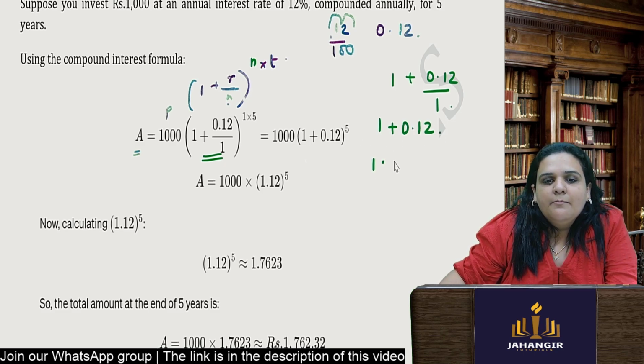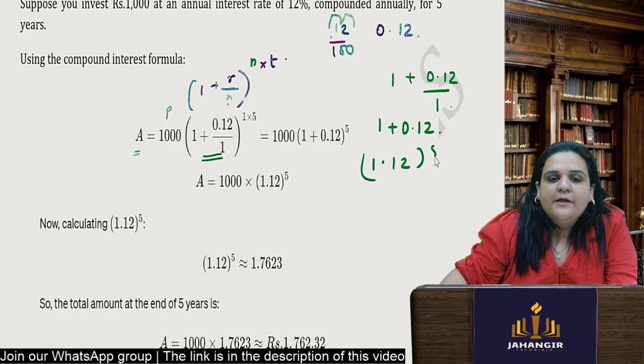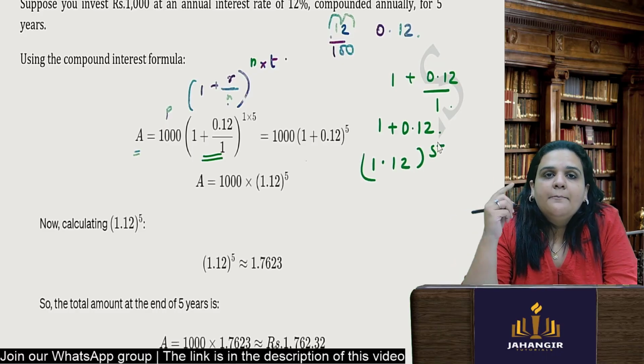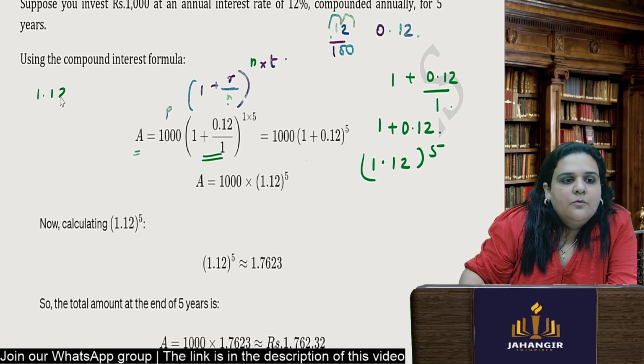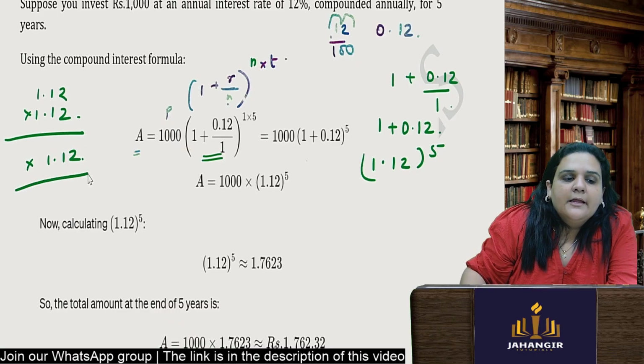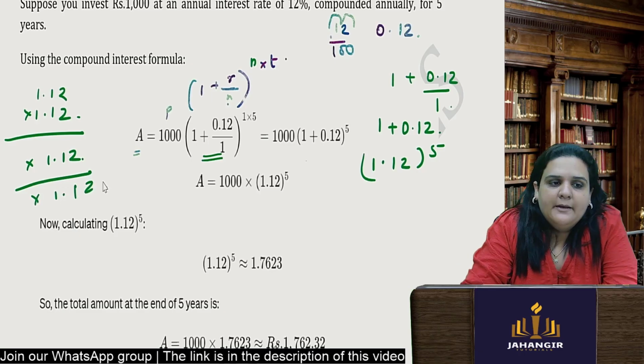So I get 1.12, the whole thing raised to 5. So you have to multiply this 1.12 5 times. So you will have to do 1.12 into 1.12. Whatever answer you get here, again multiply by 1.12. Again you will get some answer, again 1.12. So 5 times you have to multiply it.